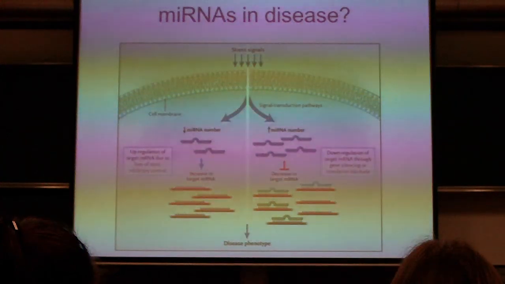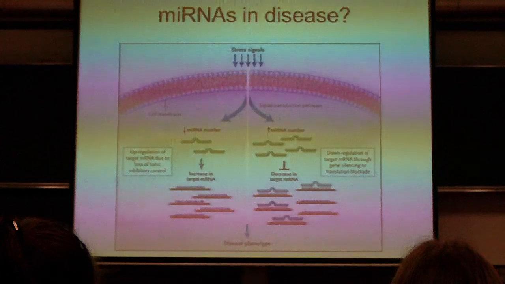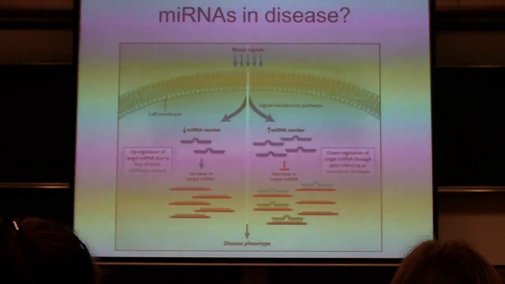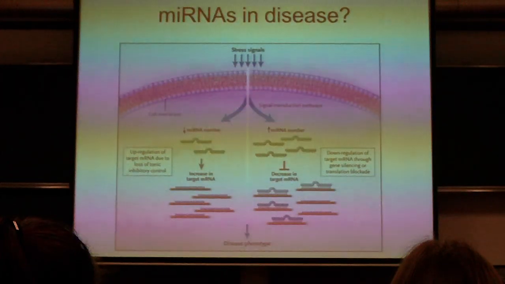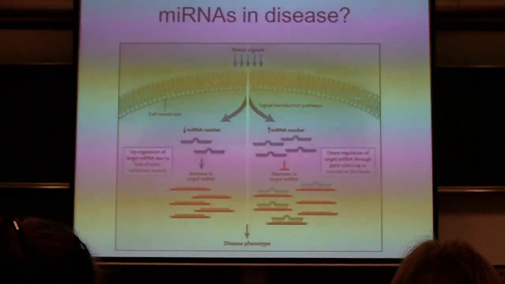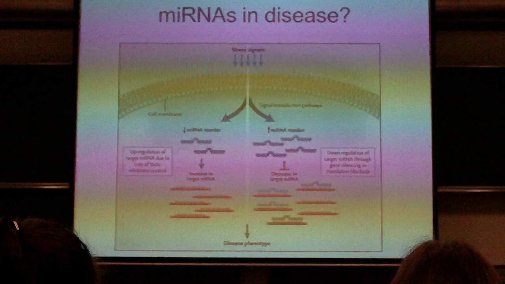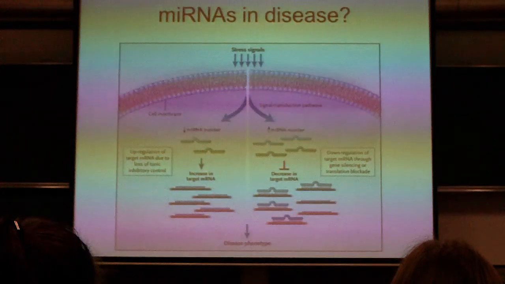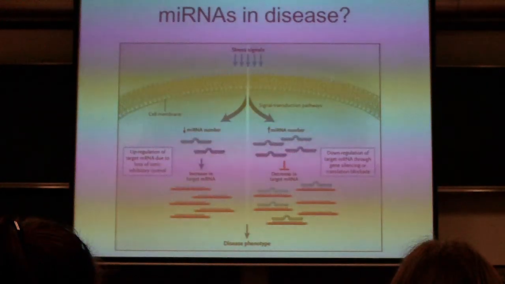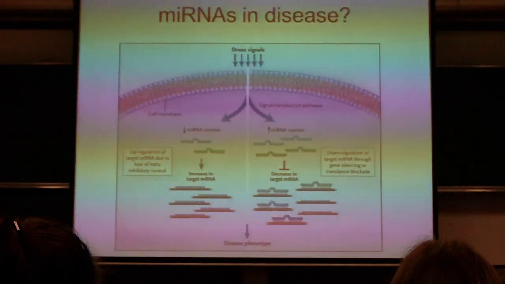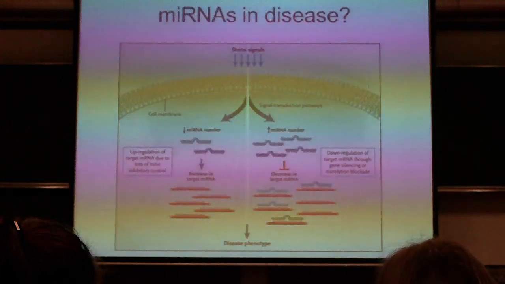Signal transduction pathways are activated, and some microRNAs go up and some microRNAs go down. It's just a normal gene transcription mechanism. They also have their own transcription factors, as I said before, so they will be regulated on the transcription level, to modify the number of microRNAs that are present in the cell.